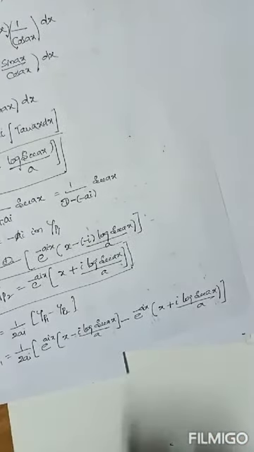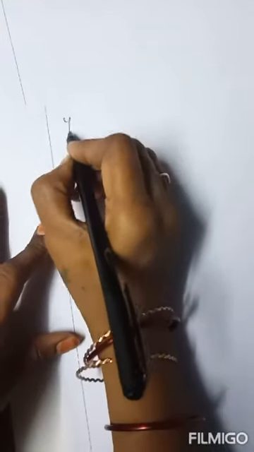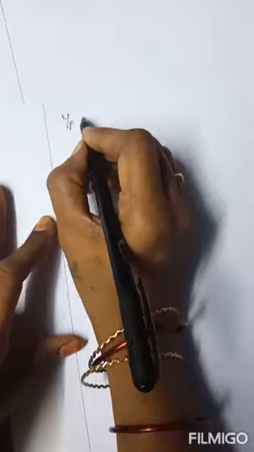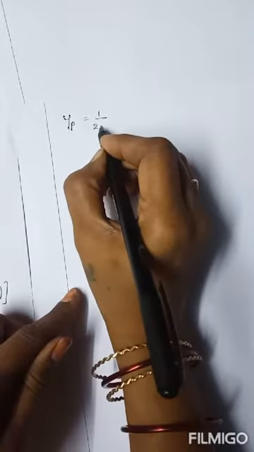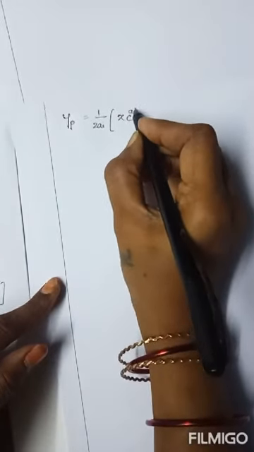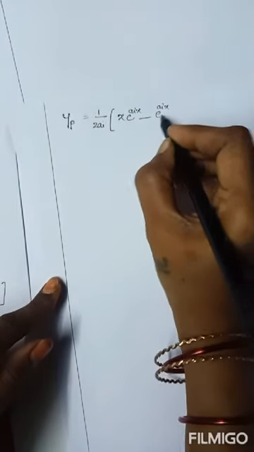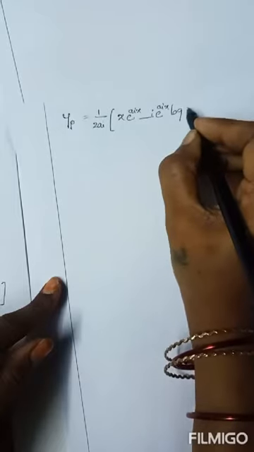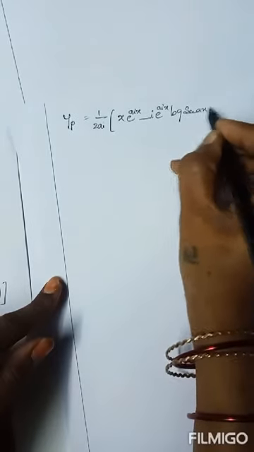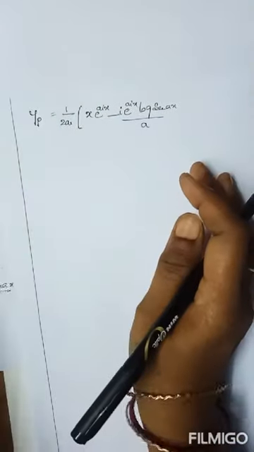Just ordinary simplification here. The simplification is 1 by 2ai, x e power aix minus e power aix i into log of secant ax by a, as per this.